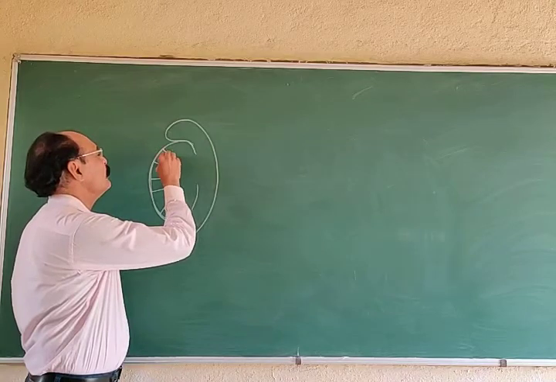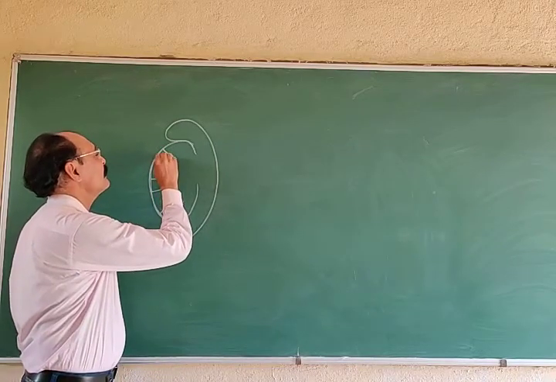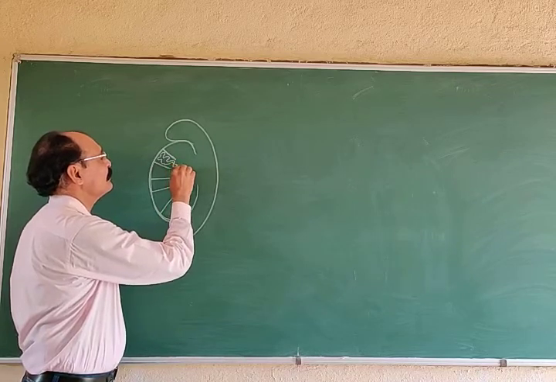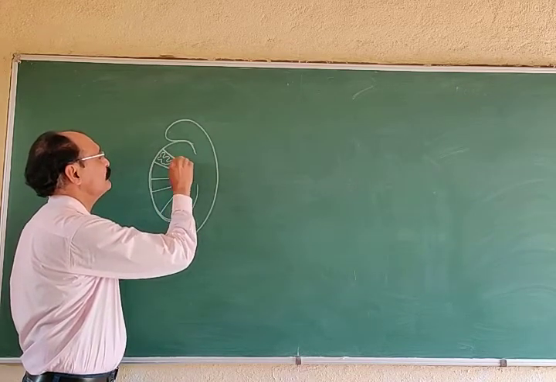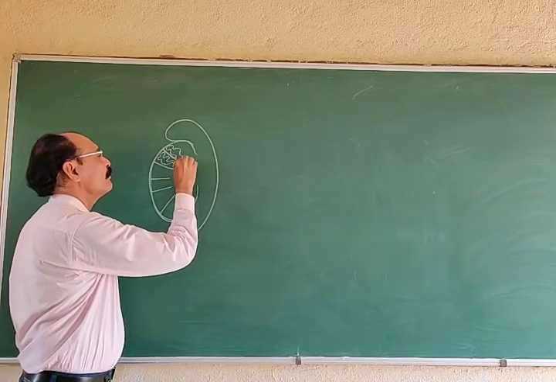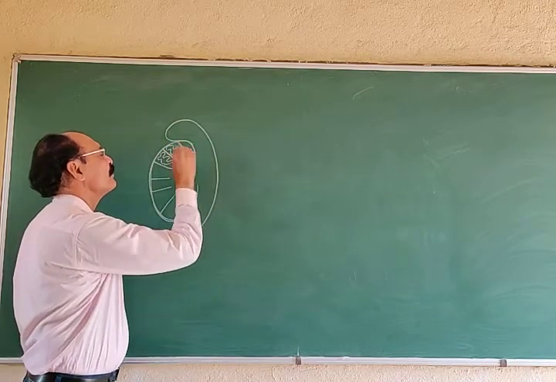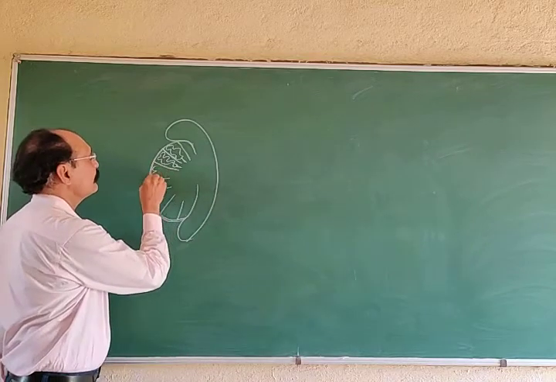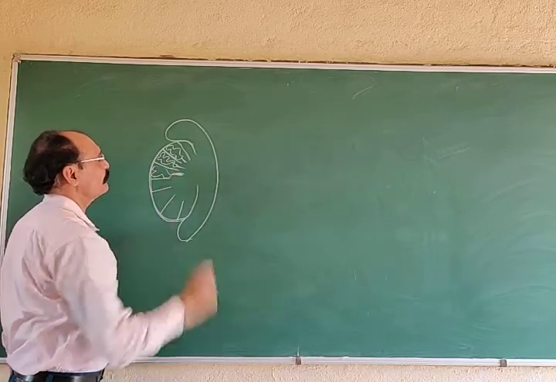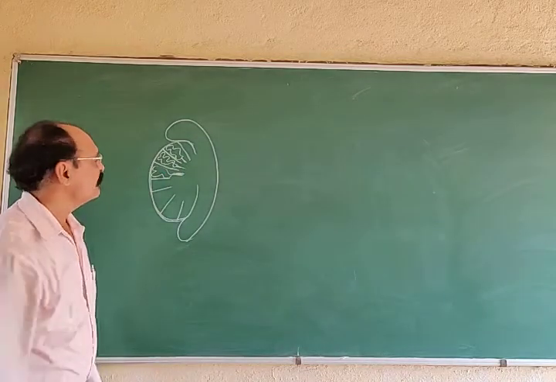In these lobules we find a convoluted structure, the seminiferous tubule, which is seen in the lobules. Here is the convoluted tubule called the seminiferous tubules.